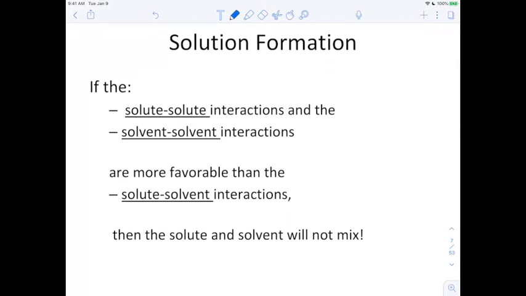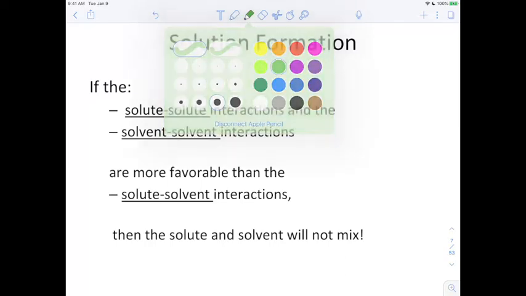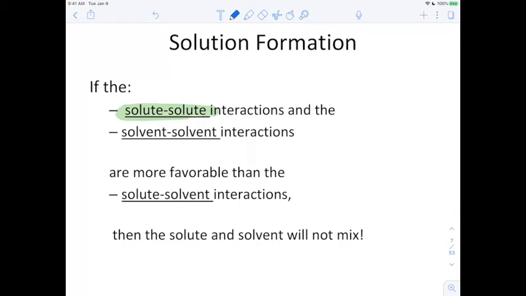So here is another way of saying this. If the solute-solute interactions and the solvent-solvent interactions are more favorable than the solvent-solute interactions, then they will not mix. And yes, this is exactly why oil and water won't mix. So here, when we talk about solute-solute, I'm going to say the solute is more attracted to other solute particles.